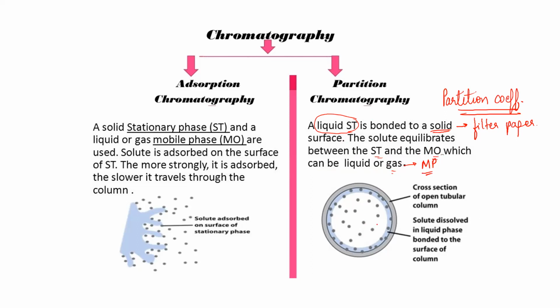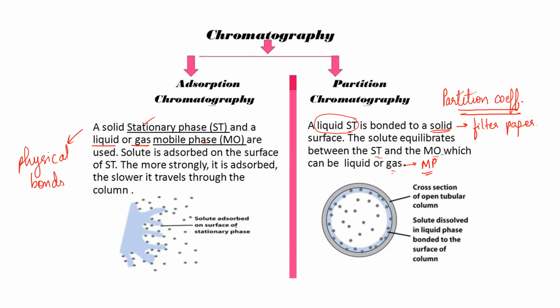So if you look at this diagram here, the solute is dissolved in the liquid phase bonded to the surface of the column. So your support is going to be there, and over the support there is going to be a layer of the stationary phase. In adsorption chromatography, again there is going to be a stationary phase and a mobile phase, both of them. The mobile phase can be liquid or gas, just like partition chromatography, but here it works on physical bonds.